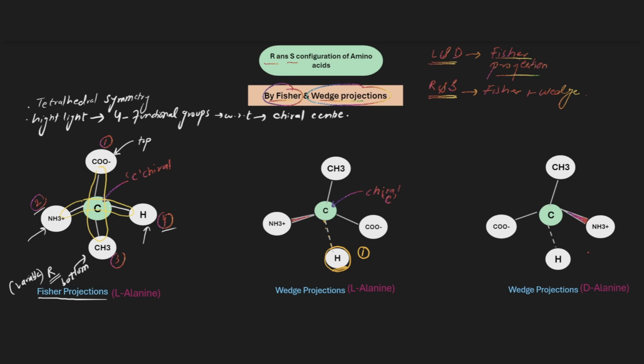So the first rule is clear. Now the second rule is that the functional group which is in front of the plane and towards the viewer, such as the amino group here, projecting towards you, which you can easily look into, in front of the structure, is represented by a dark solid line.